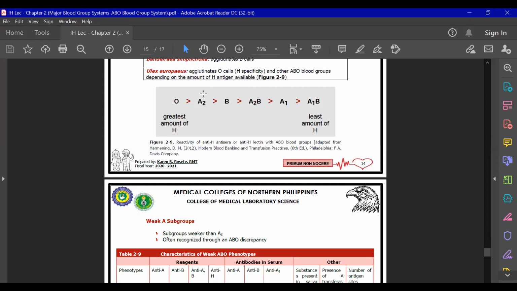Dito kasi mas kokonti ang antigenic sites for your A antigen. That's why mas marami ang unconverted na H antigen compared with that of your A1. Okay? Kaya mas madaming H antigen kasi mas kokonti ang antigenic sites for your A antigen on these red cells. Okay?